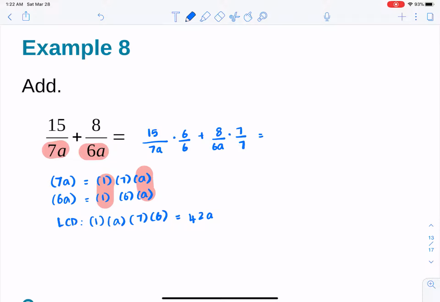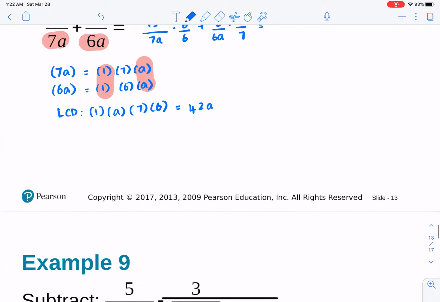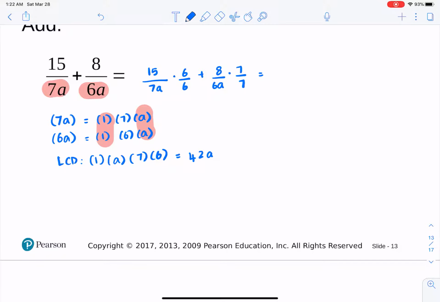In doing so, I would have 15 times 6, which is 90 over 42a, and 8 times 7 is 56 over 42a. I'd end up getting 146 over 42a.